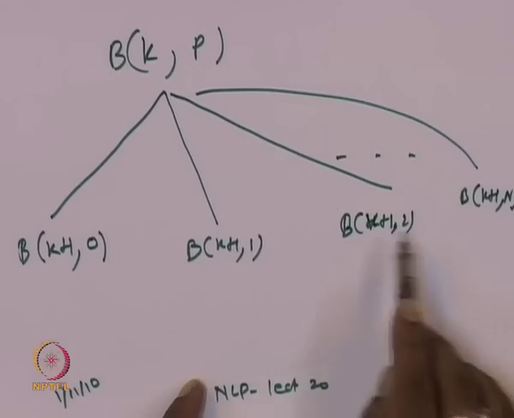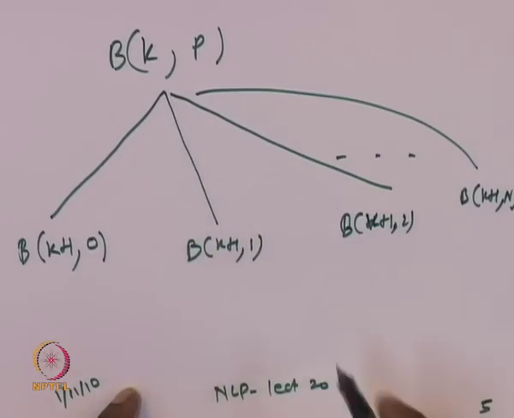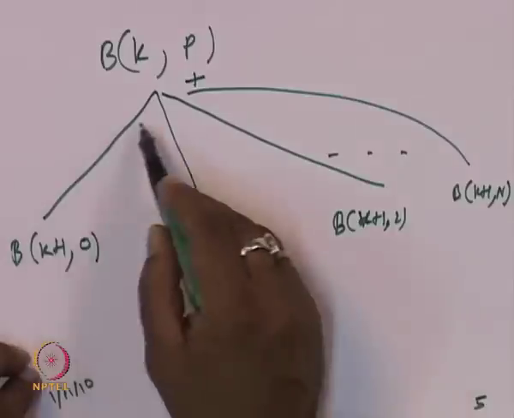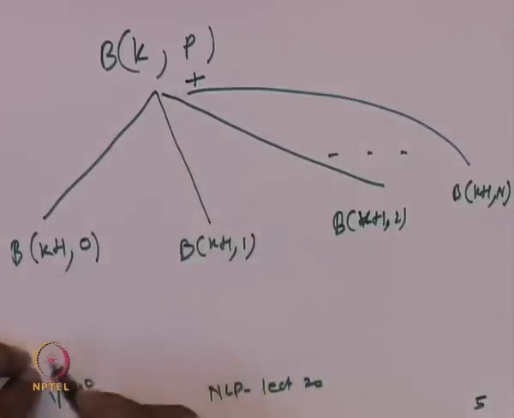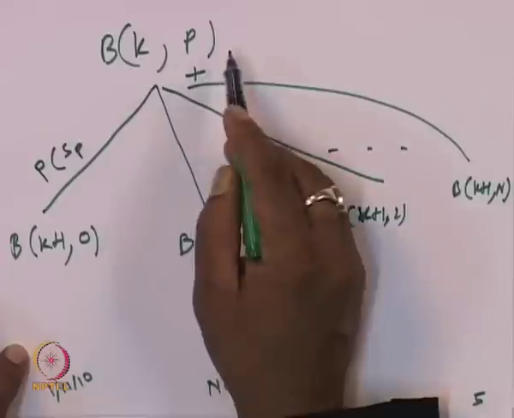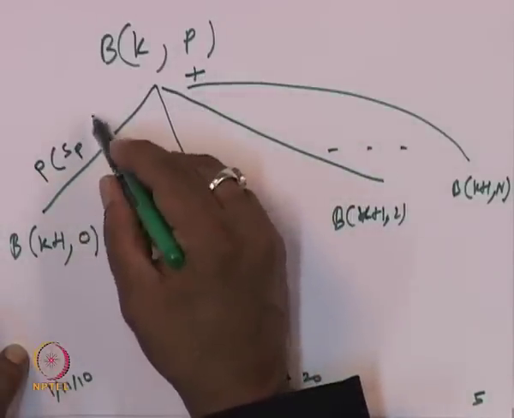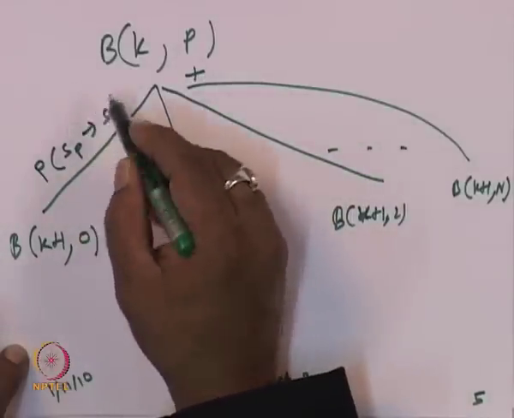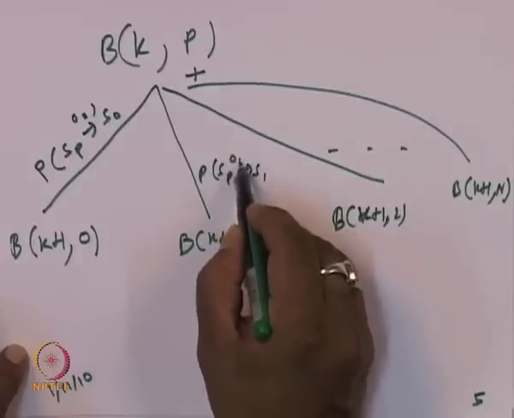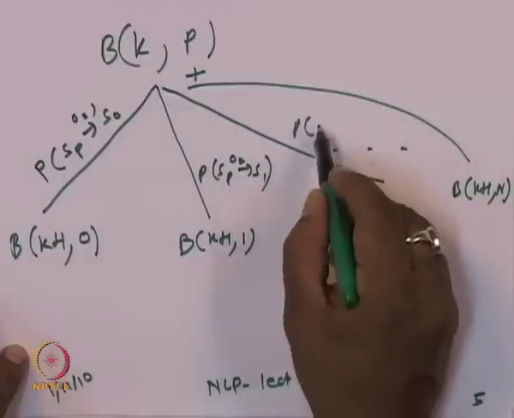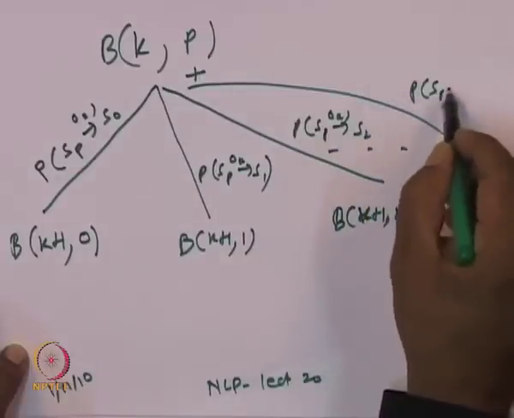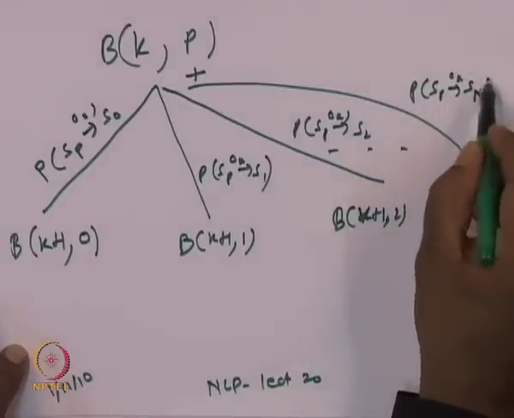So, this is the expression which is used for computing BkP, and we have to sum these probability values after multiplying each of these backward probabilities with the probability of SP to S0 on Ok, probability of SP to S1 on Ok, probability of SP to S2 on Ok, probability of SP to Sn on Ok.